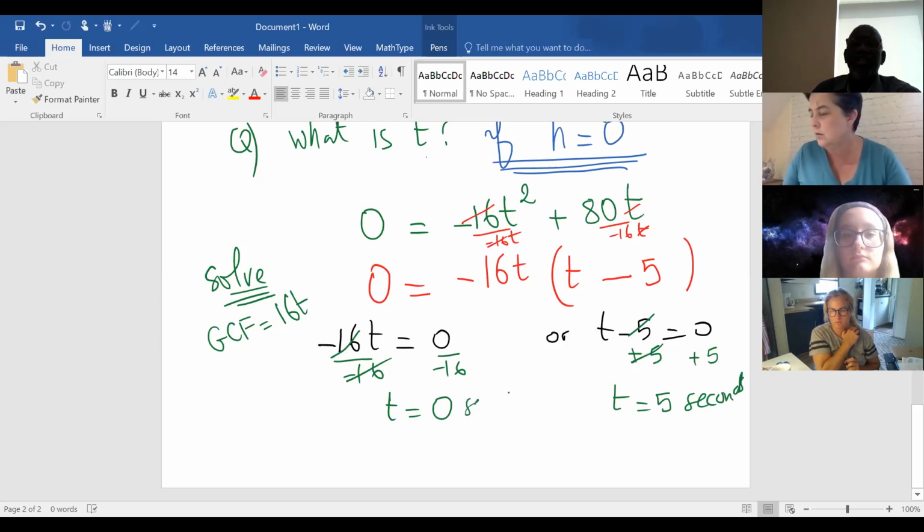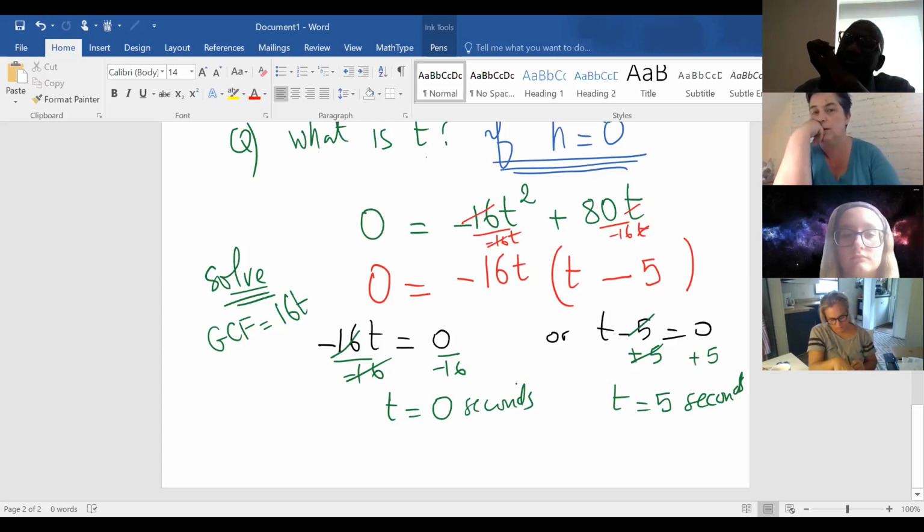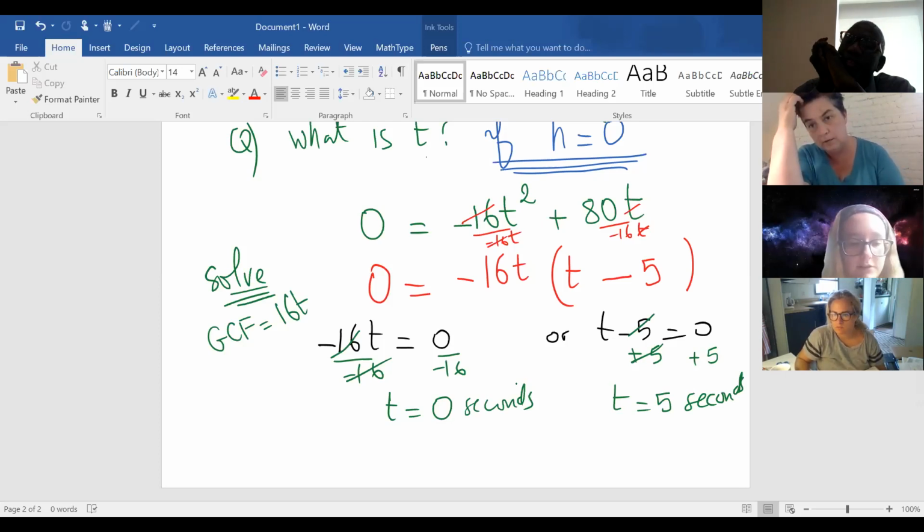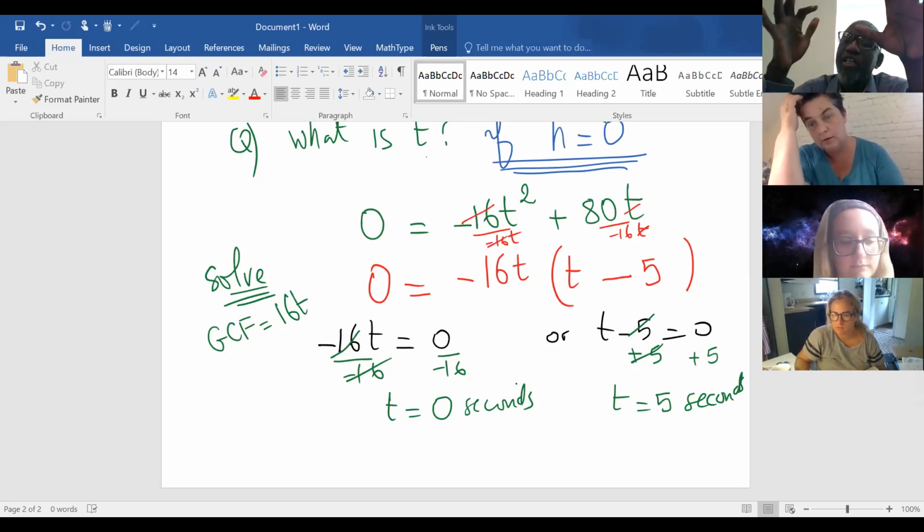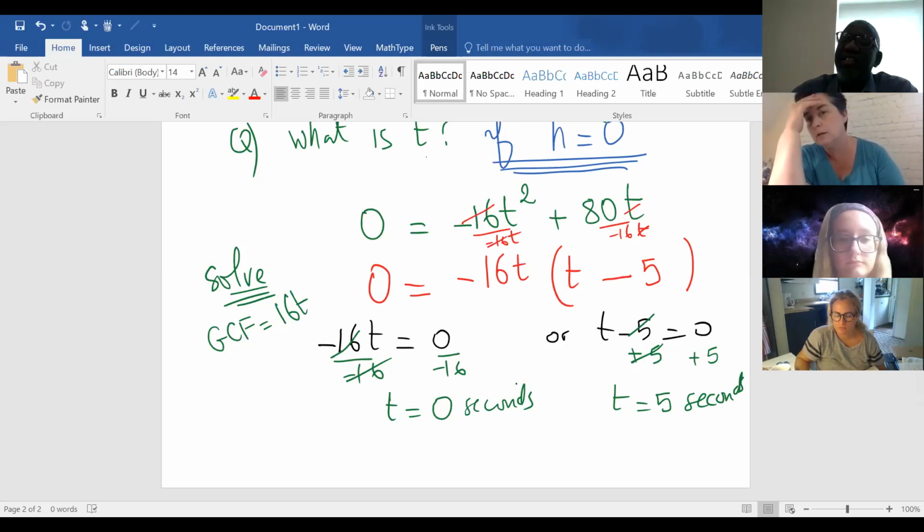And here 0 seconds. Somebody explain to me why we get 0 as an answer also. These 0 seconds correspond to what? 0 seconds corresponds to before the debris is launched. Exactly, right before the explosion. Where was the debris? They were on the ground, right?